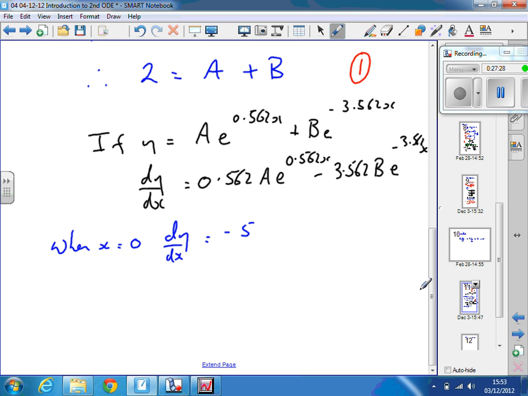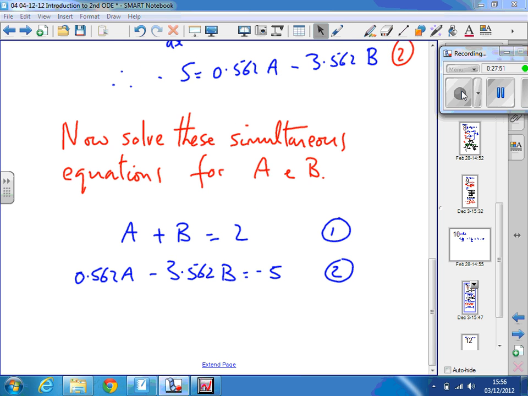So we can write minus 5 equals 0.562a, because the e to the 0 is 1 again, minus 3.562b. And that's our second of our simultaneous equations. So now we solve these simultaneous equations for a and b.